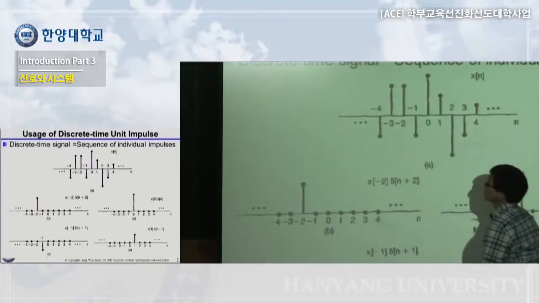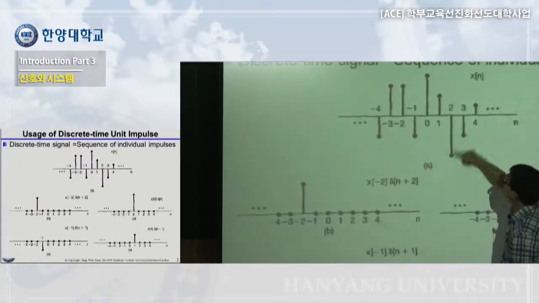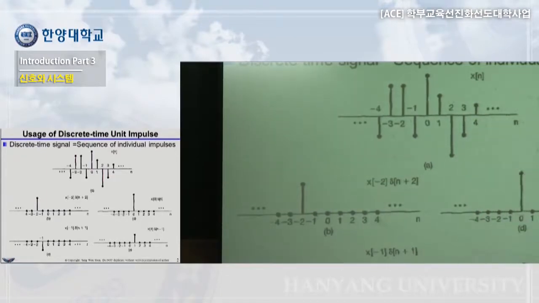You have more signals like -3, -4, 2, 3, 4. If you have more signals like this, if you add everything together, you get this original signal.